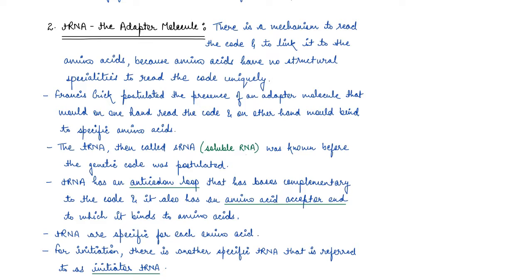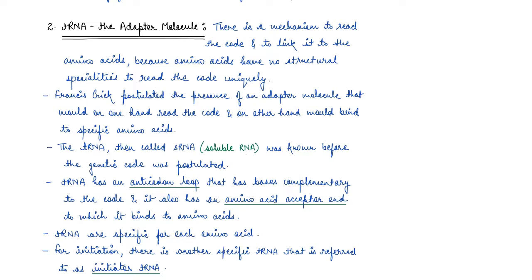So what happened is basically, from the very beginning of the proposition of this entire genetic code, it was very clear to Francis Crick that there has to be a mechanism to read the code. It cannot happen that these codes are getting generated and it's not being read. It's not being understood basically, right?